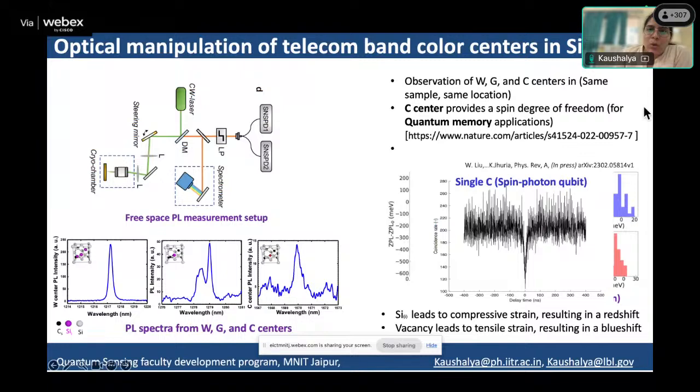And then again, as I mentioned, this is the second order autocorrelation measurement. So what you essentially do to check if your source is a single photon source or not is take the emission from your emitter and split it into two parts. You send that to two different detectors, both single photon detectors, and then use a timing circuit to measure at what time instance you received any photon from both the detectors.